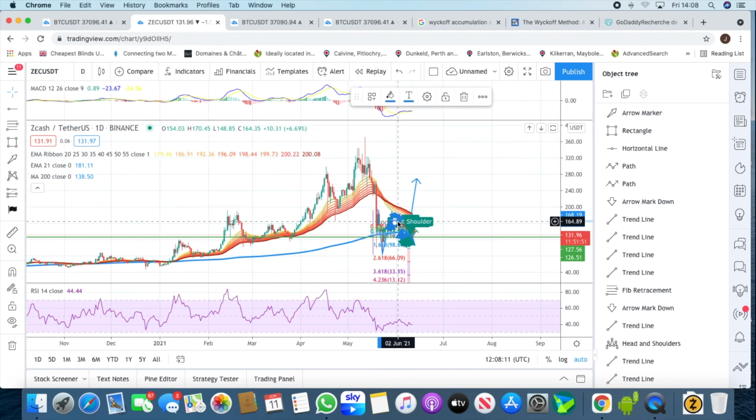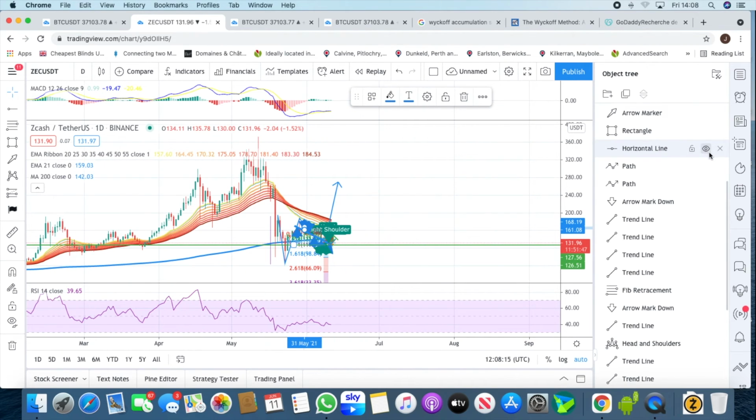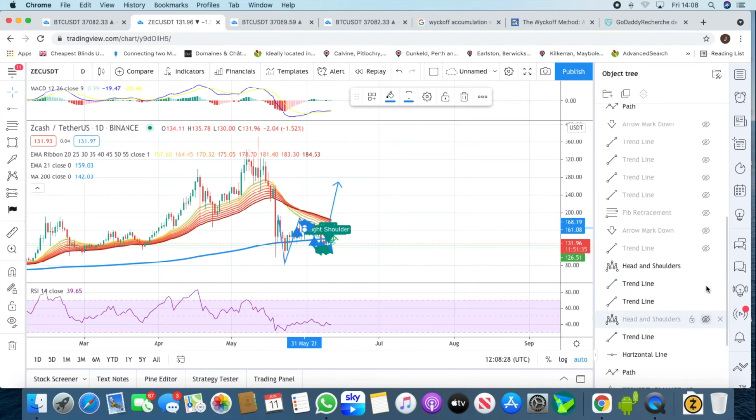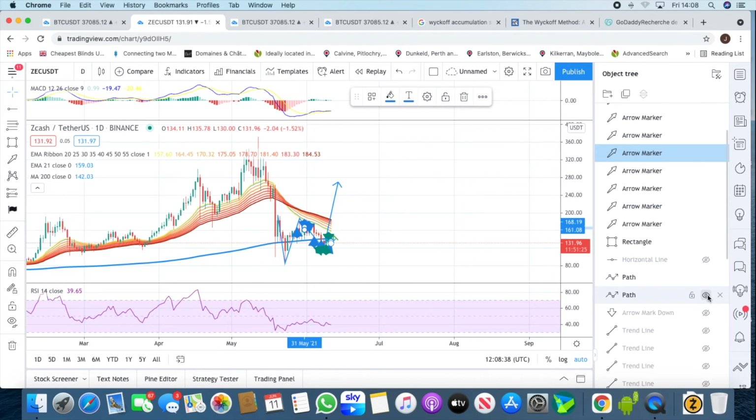If we take out, let's see, can we get rid of all these? Just got to get rid of everything because there's so much on this bloody chart. Get rid of it all. Oh, put that back. Get rid of that one.